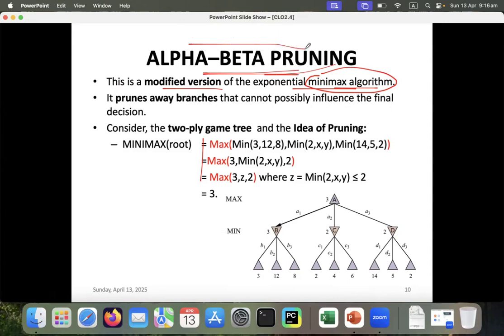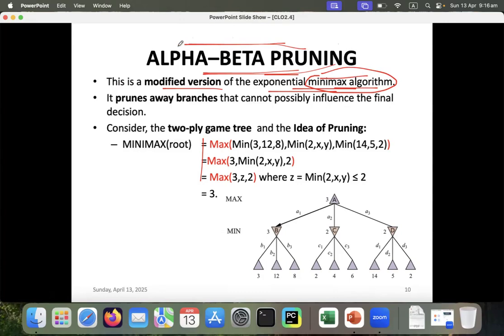And this alpha beta pruning algorithm is what? It is the modified version of that previous exponential minimax algorithm. What is the difference between this alpha beta pruning and that previous minimax algorithm?